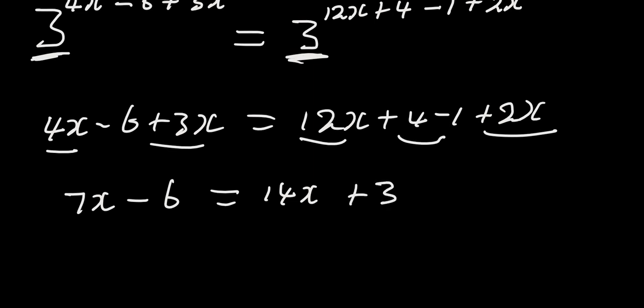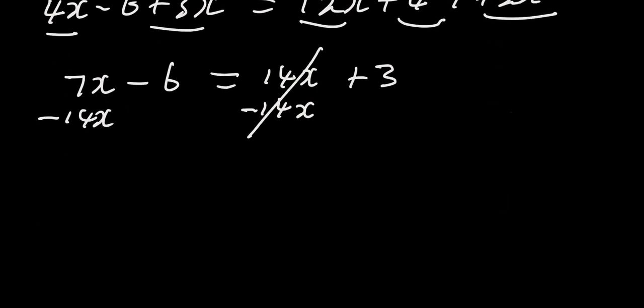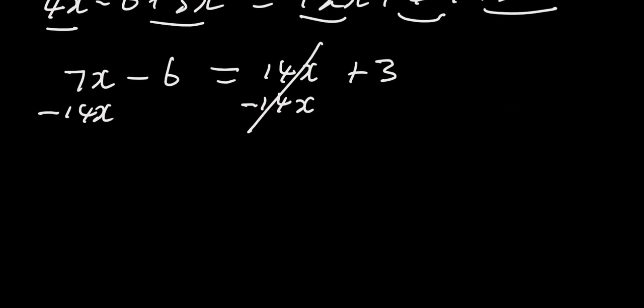Okay, good. So at this point, we can subtract 14x from both sides. So 14x minus 14x, this will cancel out. And 7x minus 14x is going to give us negative 7x minus 6. And this will be equal 3.